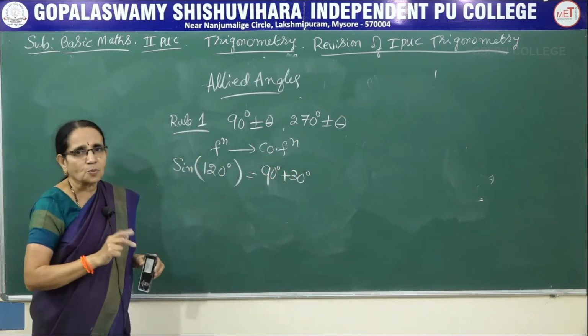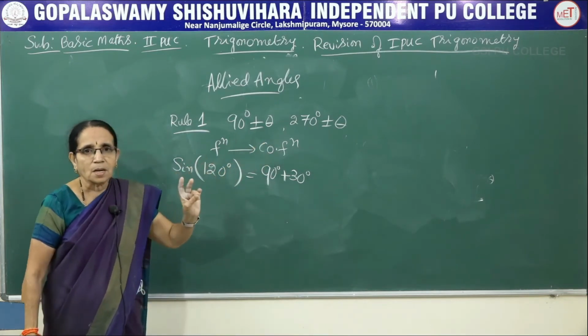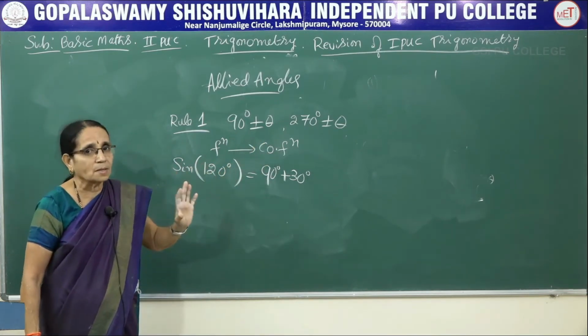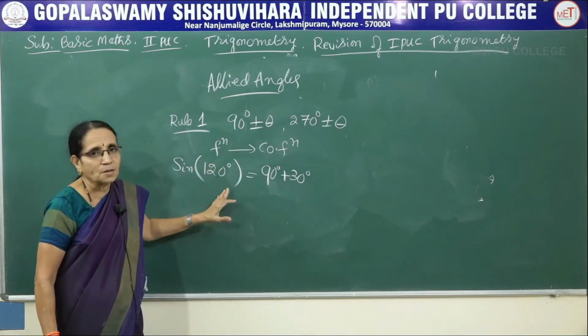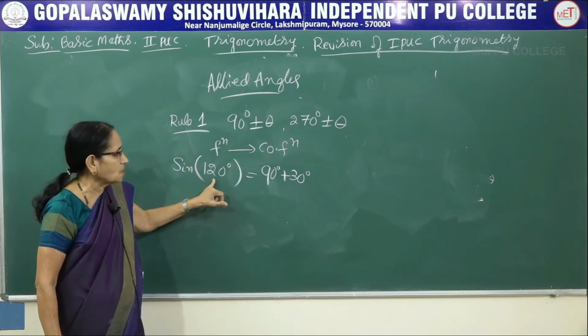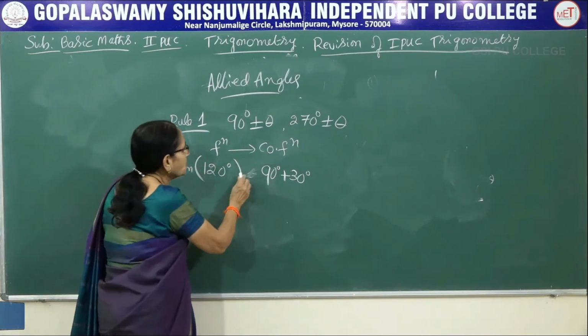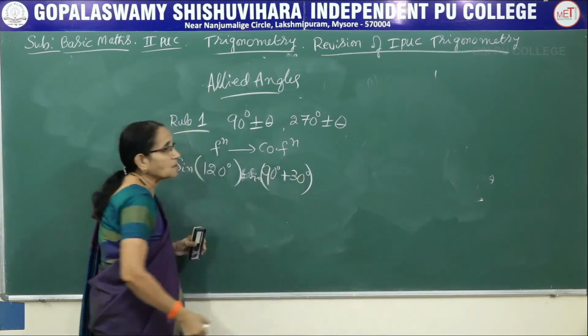Whenever an angle is expressed, you have to use only the quadrantal angles, 90, 180, 270, 360, like that. You cannot write it as 100 plus 20 or 110 plus 10. You have to use this one only. So, sine of 120 degrees, you can write it as sine of 90 plus 30.